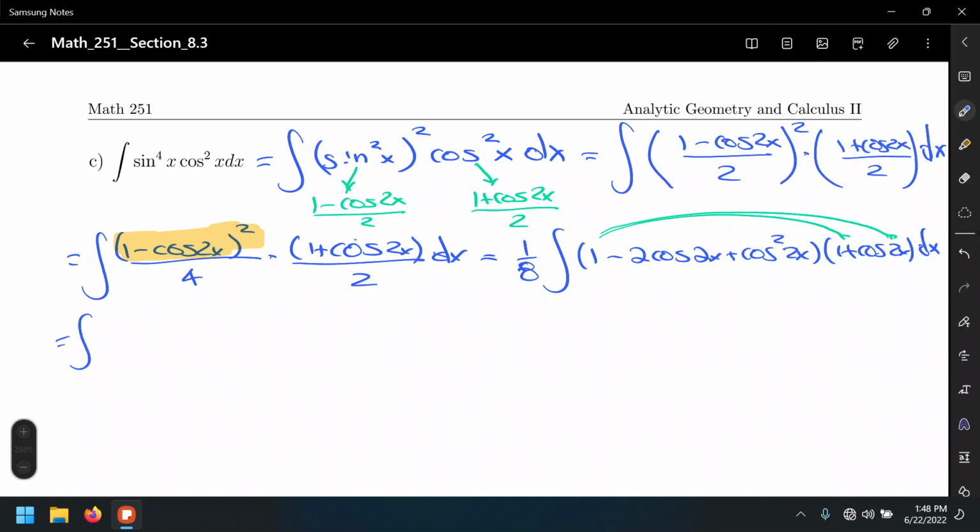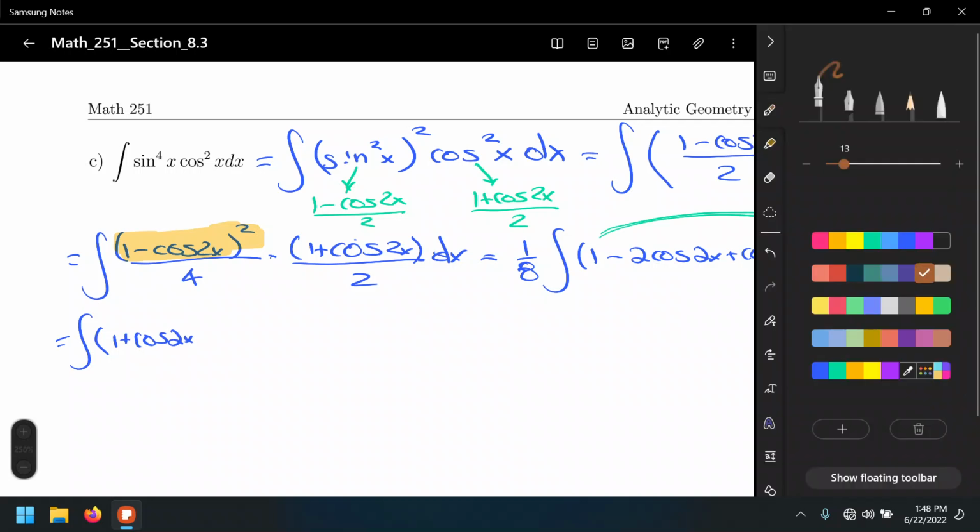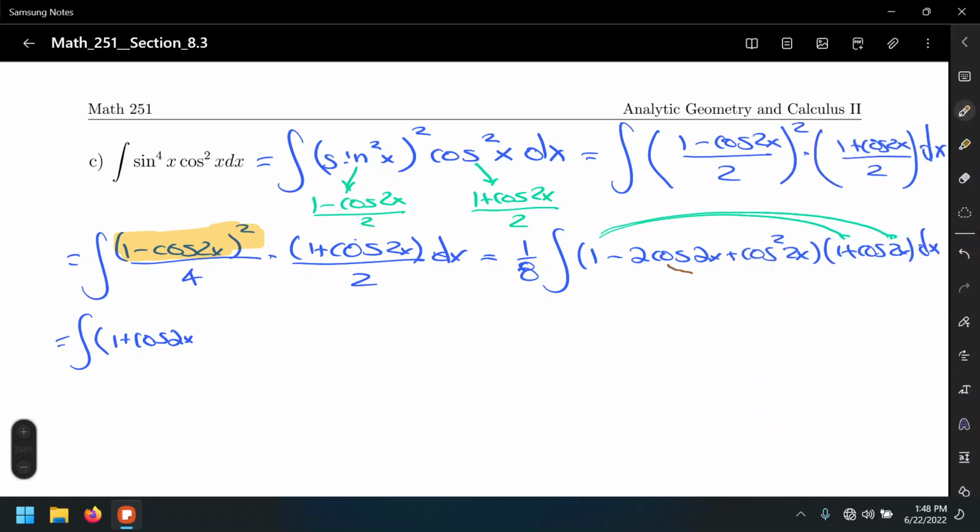That's going to be the integral of 1 plus cosine 2x, and then let's do the next 2. Negative 2 cosine 2x times 1, negative 2 cosine 2x times cosine 2x.